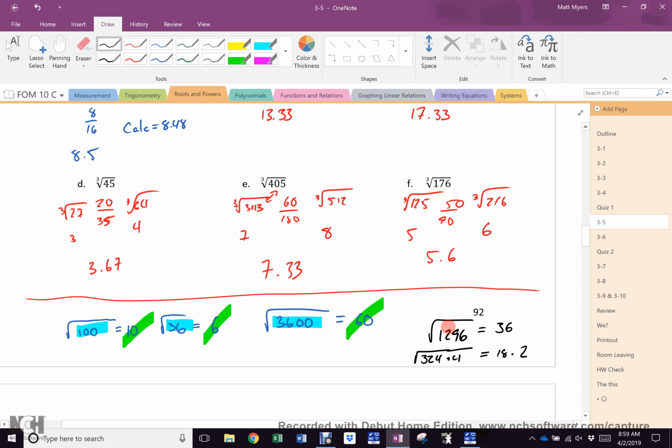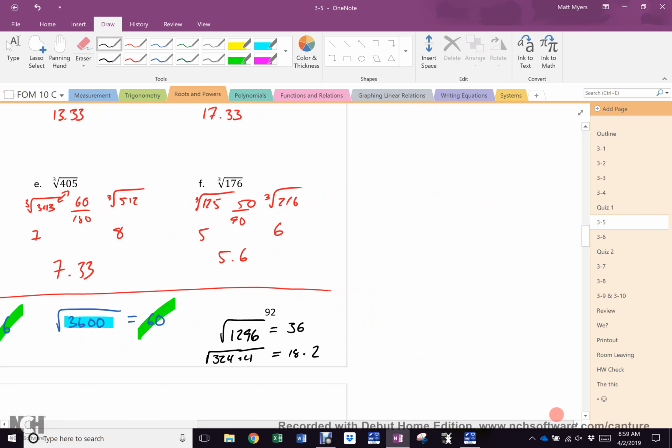Now, can we forget all of our other rules, do you think? If I wanted, and don't write this one down, you're going to practice this, if I wanted the square root of 16 over 9, what do you think that is? I haven't taught you how to do it. I want to see what you think it is.